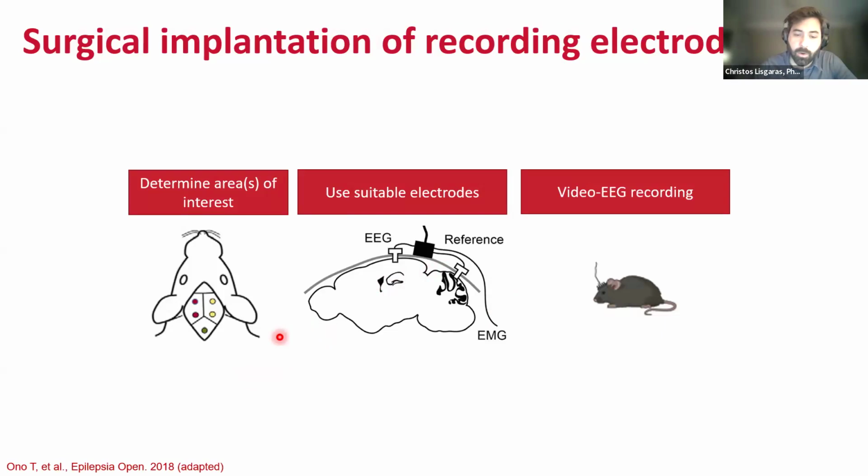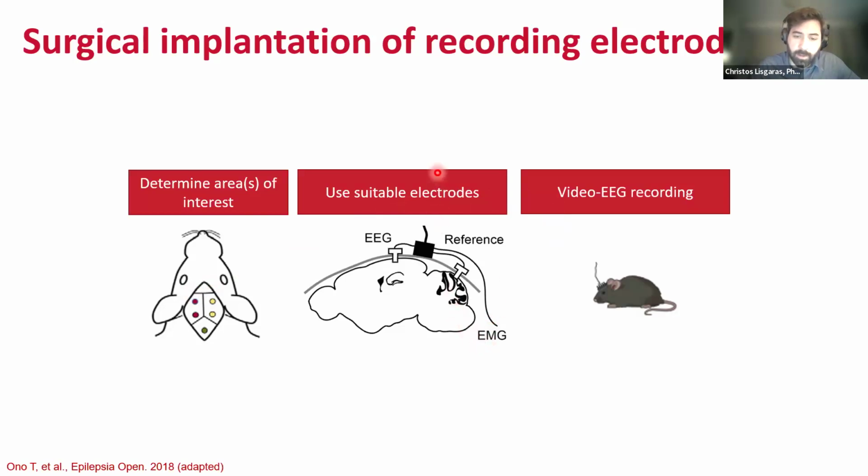Do we like to record even deeper structures like subcortical structures, or we would like to just record the global activity? So these are important questions that are going to guide us which electrodes we're going to use and which approaches are best for the recording.